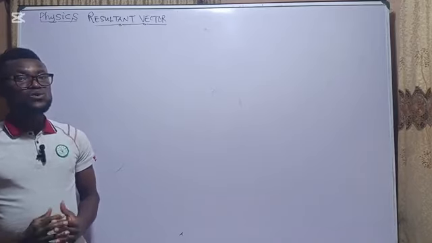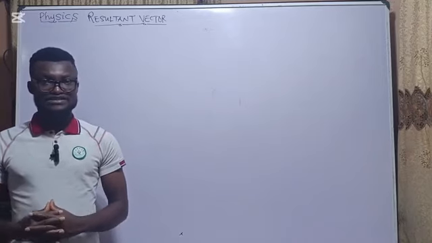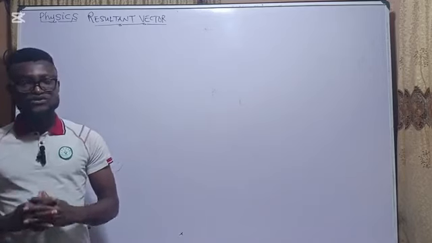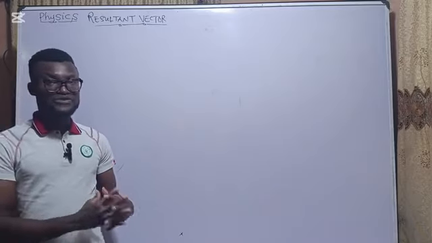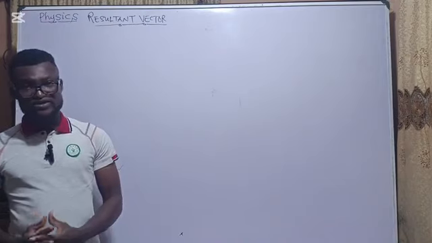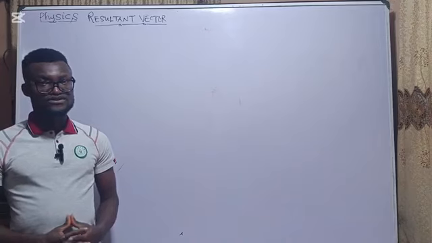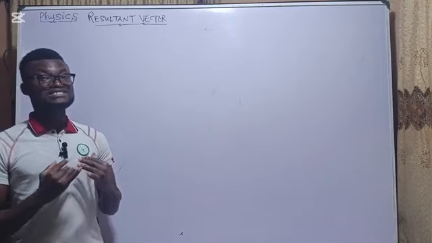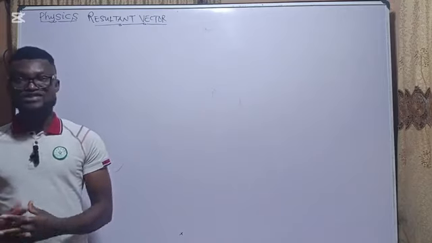Now, we are going to use force as a case because we know that force is a vector. We have other quantities that are vectors, such as velocity, acceleration. All these quantities can be specified, can be directed, can be explained with respect to direction.